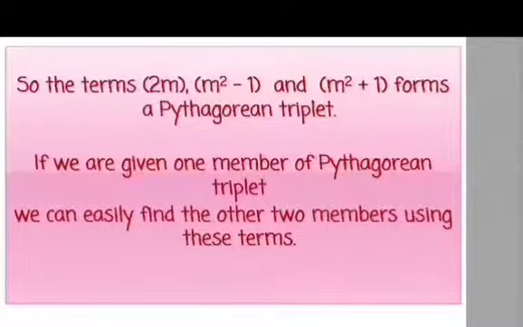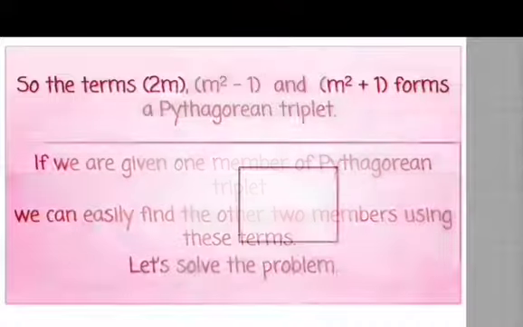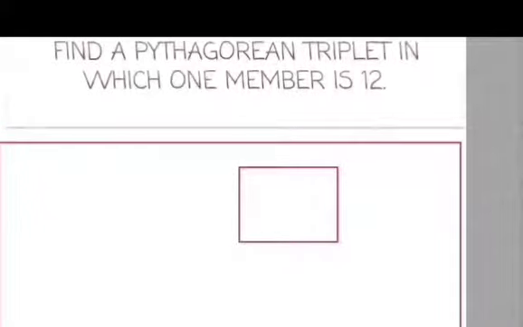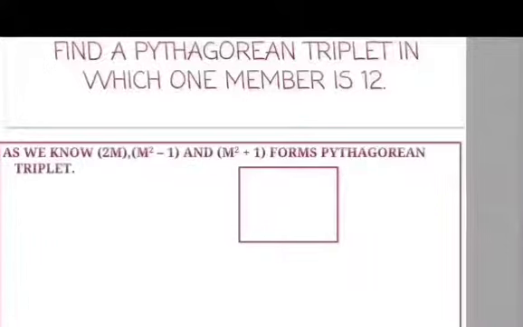If we are given one member of the Pythagorean triplet, can we find out the other two members? Yes, we can find out the other two members of the Pythagorean triplet. Let's get this concept a little more clear with the help of an example. We have one member, 12, on our screen. We'll find out the other two members.